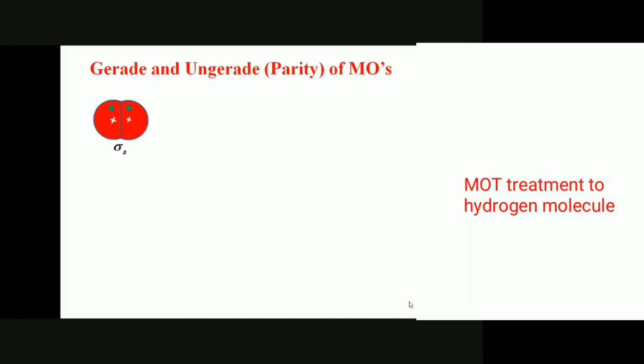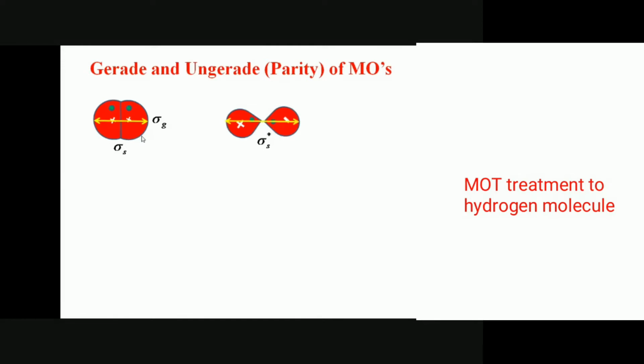So this is the molecular orbital, that is sigma s. This is the bonding molecular orbital, and it gives symmetry because it starts from the positive sign and ends at the positive sign. It is represented by sigma g, that is gerade, whereas this is the s antibonding molecular orbital.